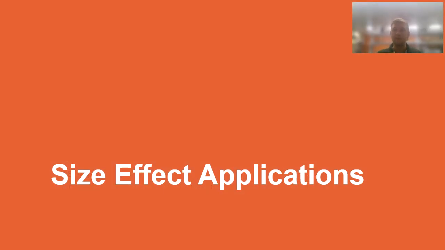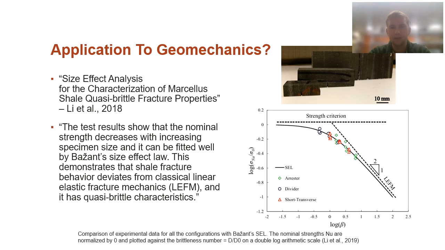So to round things out here, let's go over just the applications. Let's put something real to it. For geomechanics, it's not rare to be concerned about fracture energy and the size effect. In this case, we have a study on Marcellus shale, a pretty common test specimen, especially the Marcellus shale.